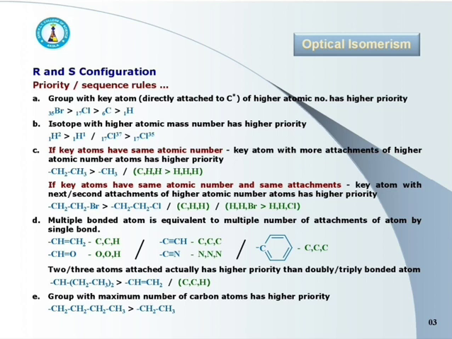Bromine has higher atomic number than chlorine and hence bromoethyl group has higher priority than chloroethyl group. It is because of the higher atomic number of bromine as compared to chlorine.